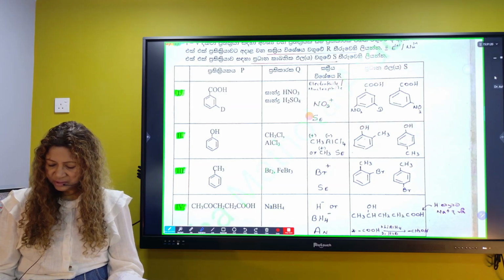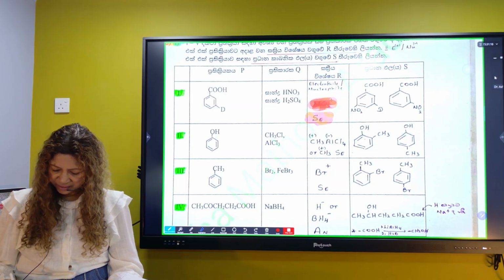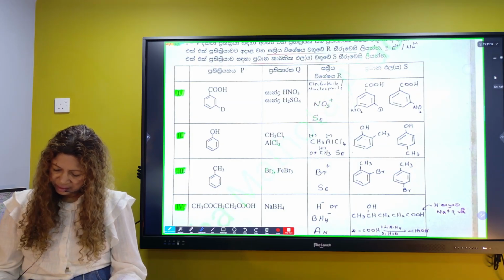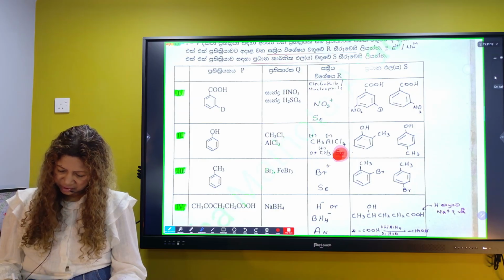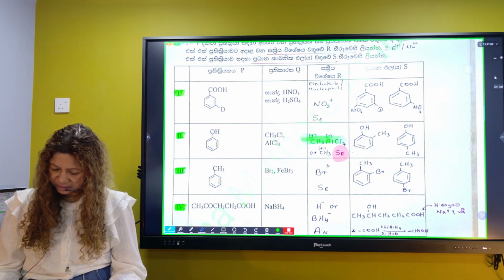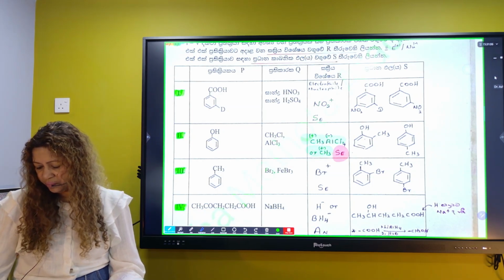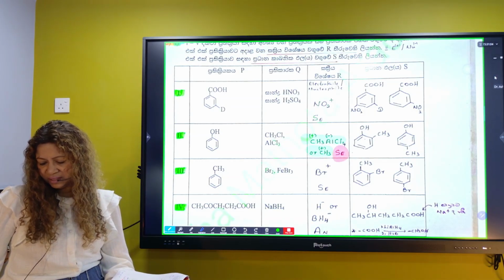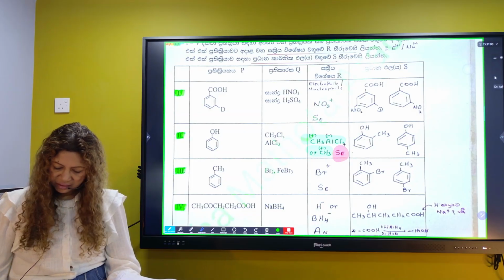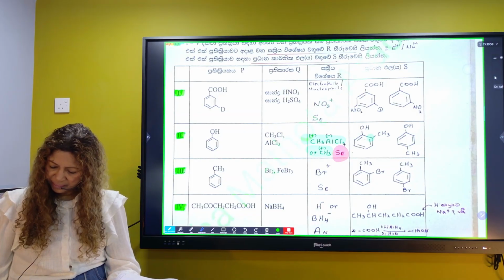Electrophilic substitution, NO2 plus is the electrophile. This one, again, electrophilic substitution. They gave marks for both of these, but I recommend the top one because CH3 plus cannot exist by itself, it's unstable. And OH is ortho-para.